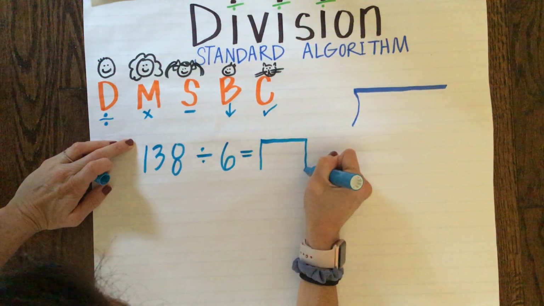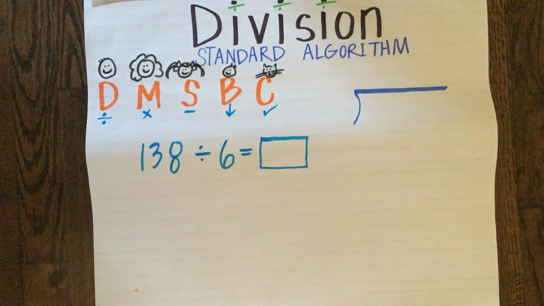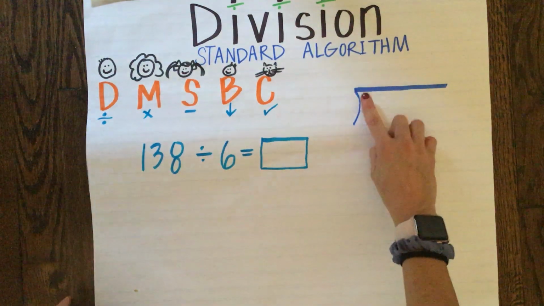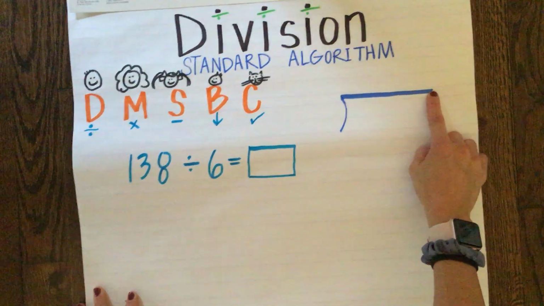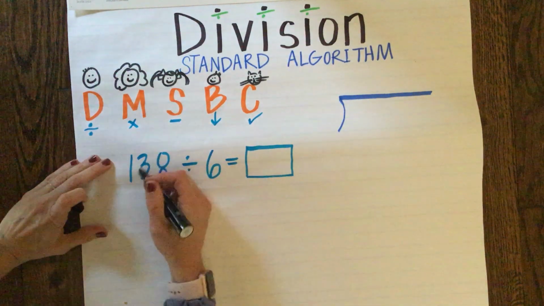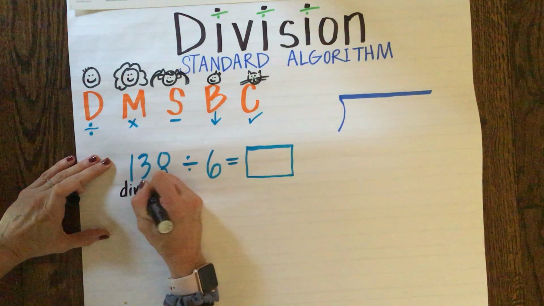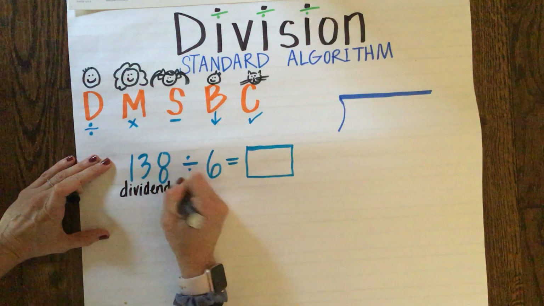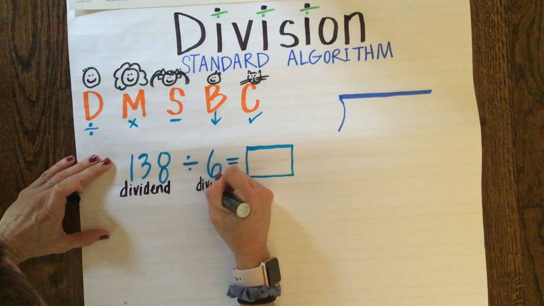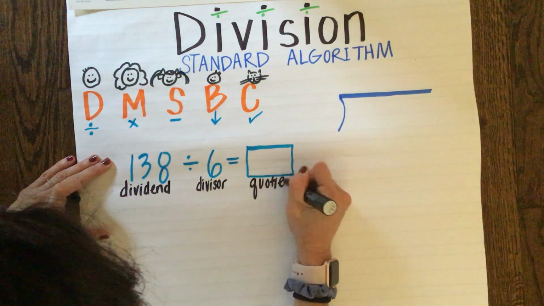Before we get going with solving using the standard algorithm, I want to show you where everything sits. In standard algorithm, we use this setup. This should look familiar to some students. Remember, here we have the dividend, the divisor, and the answer is the quotient.